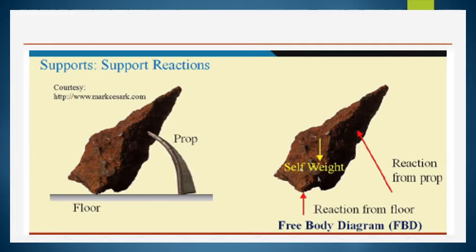The right hand side shows you the free body diagram. That is the self weight of the rock, the reaction from the floor, which is one of the supports offering a reaction, and the reaction from the prop. Both these reactions match the magnitude of the self weight and keep the body in equilibrium. It does not allow it to fall down.